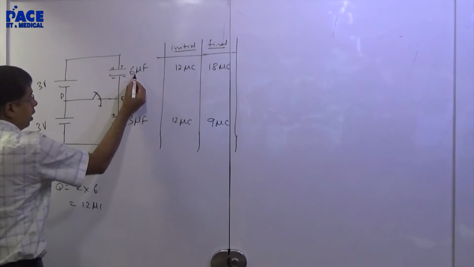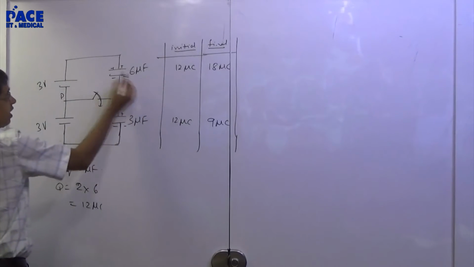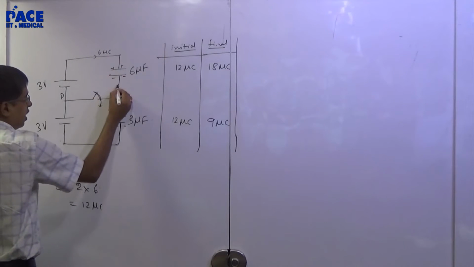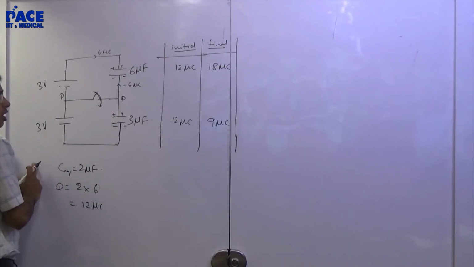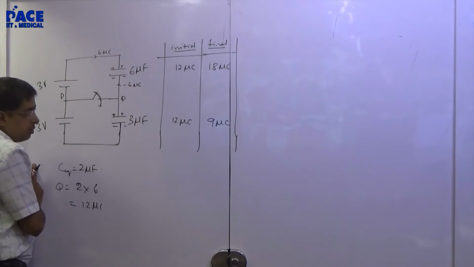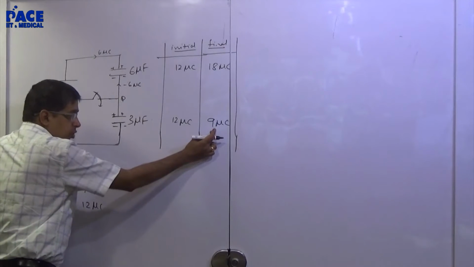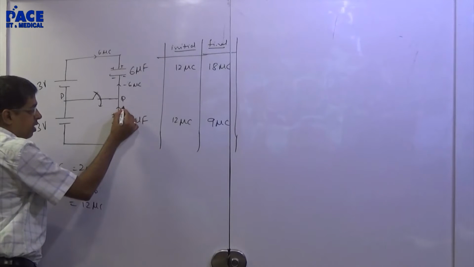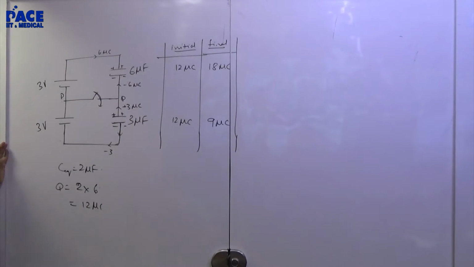Listen. Now initially I had 12 microcoulombs here. Finally it should have 18. That means 6 microcoulombs of positive charge should come here, and minus 6 microcoulombs of negative charge should come here. Here I had 12, which should go down to 9. So minus 3 microcoulomb should leave from here, and plus 3 microcoulomb from here.